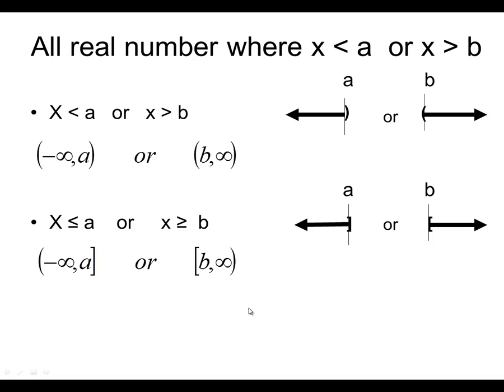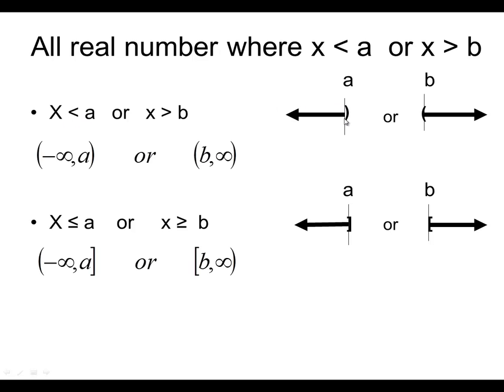Okay, now here, x is less than a or greater than b. Notice, no equal to sign there, so it's open. That's going to be your clue whether it's open or closed. No equal to sign, it's open.